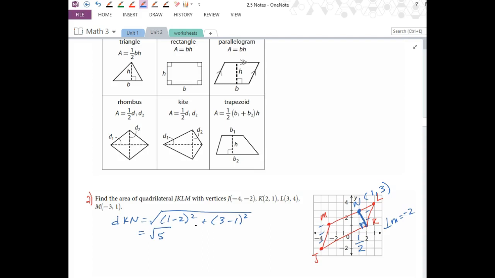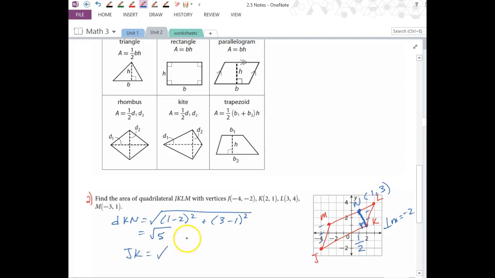Okay. All right. So now to find area. Oh, we still need the length of our base. Hold on, slow down. Okay, so our base length was JK.